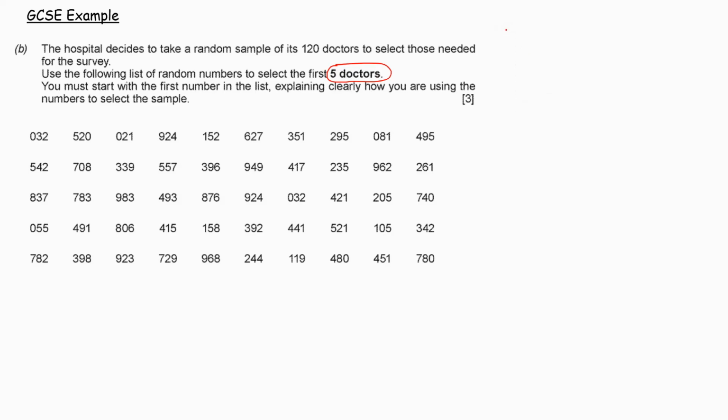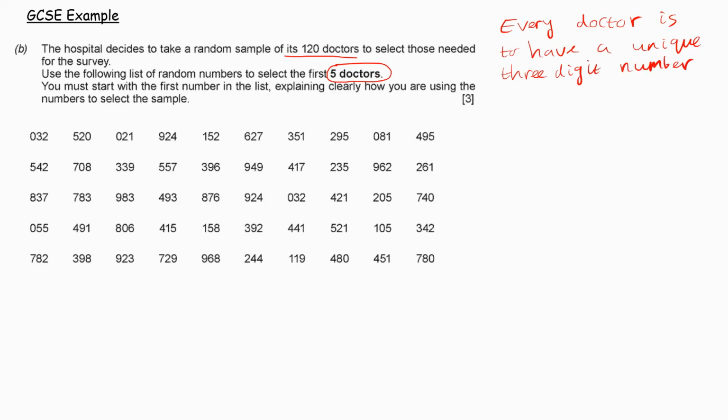So, there were 120 doctors in the population. I'm going to give every doctor a number. So every doctor is to have a unique 3-digit number from 000 to 120.